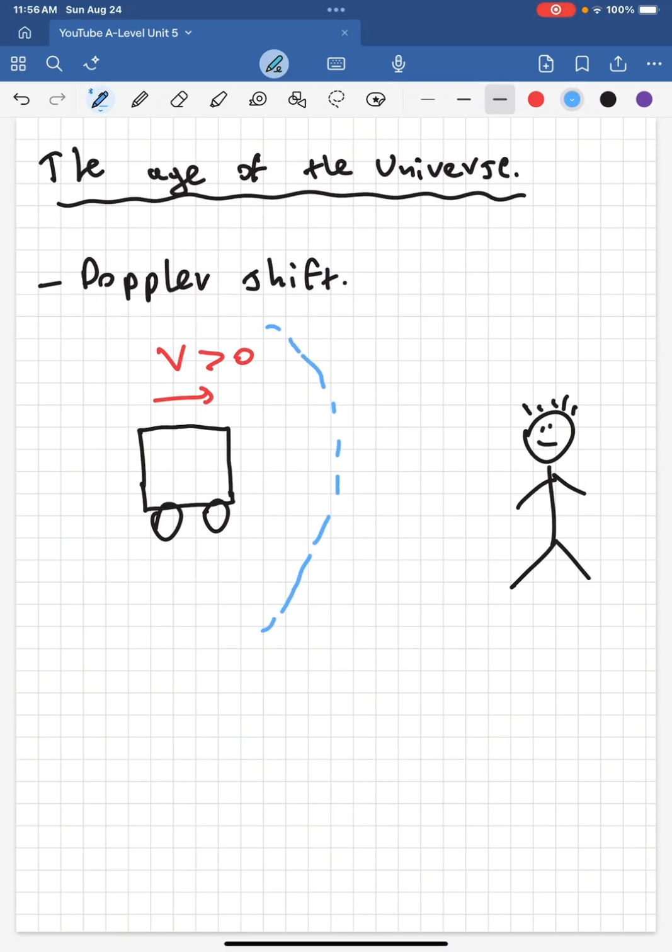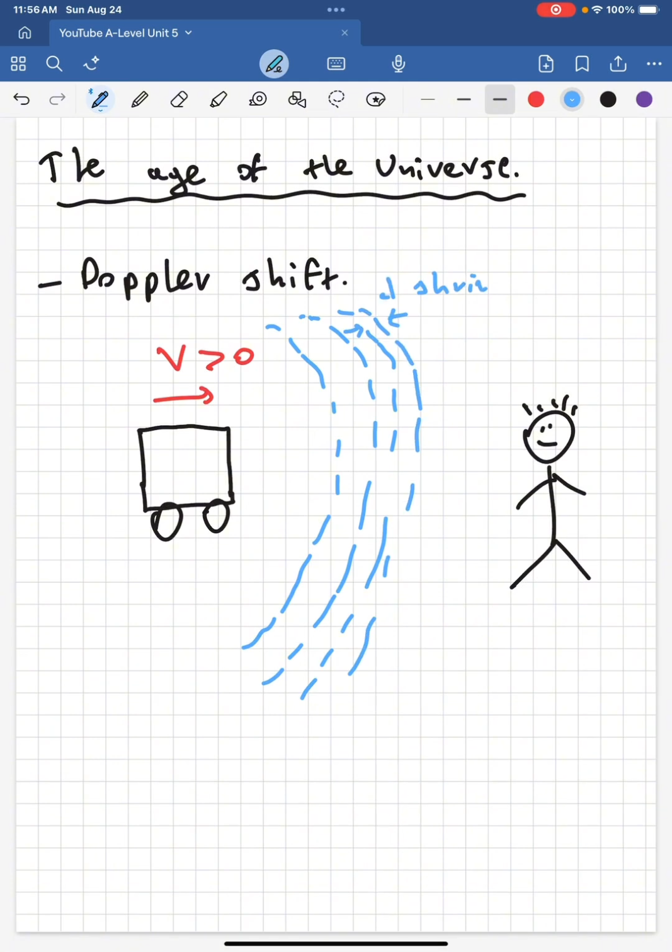So the wave fronts will look like this. As it moves towards us, you see how this lambda shrinks, okay? I hope this makes sense. And because it shrinks, we hear a louder noise as the ambulance approaches us, right?